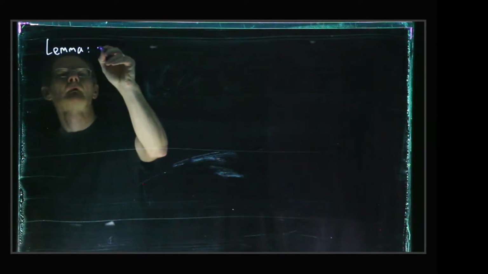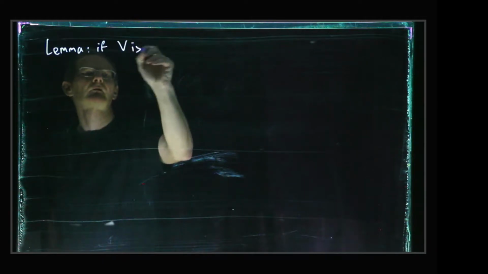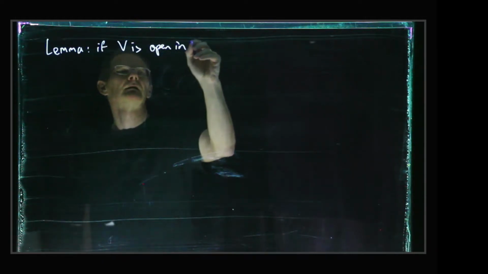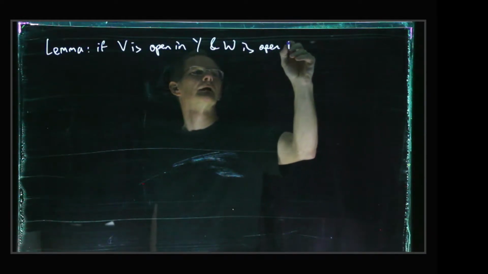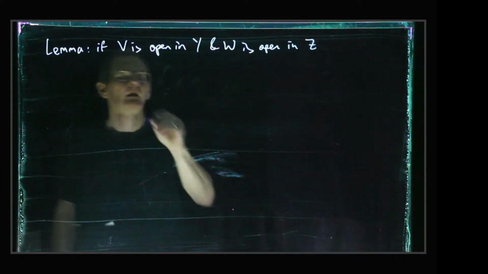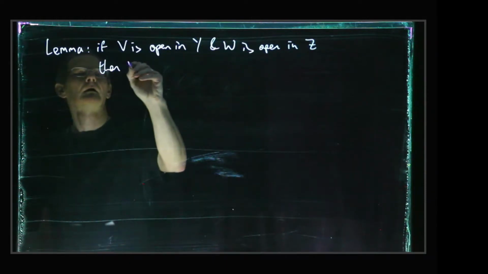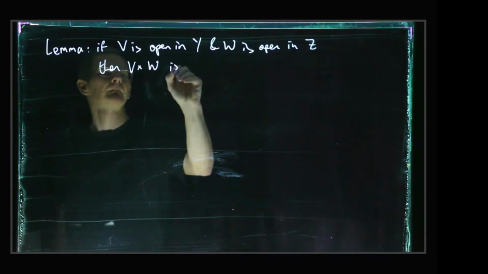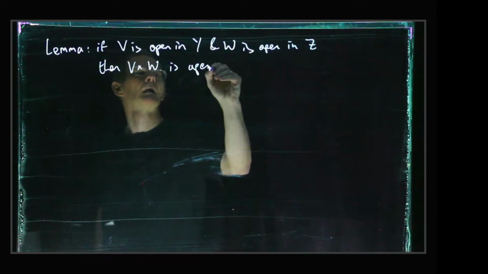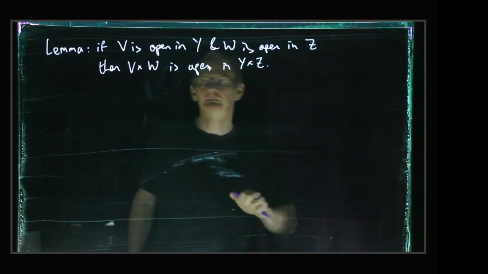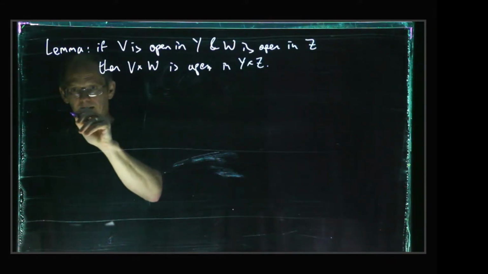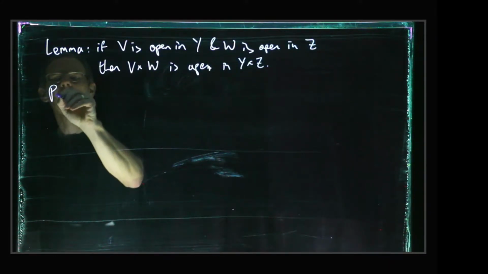First one: if V is open in Y and W is open in Z, then V cross W is open in Y cross Z. And the proof is very straightforward.